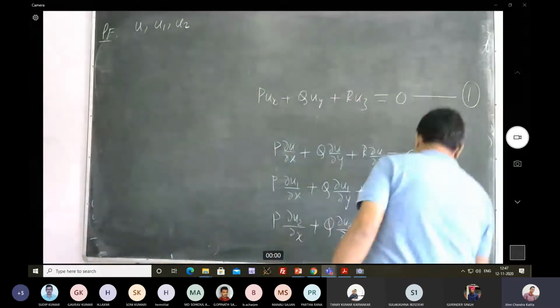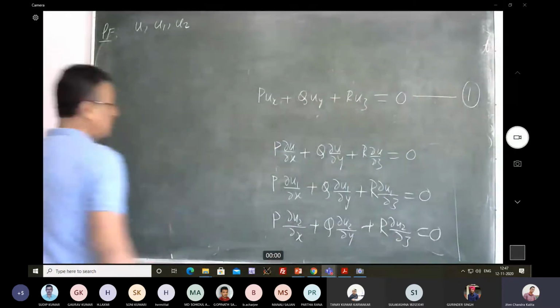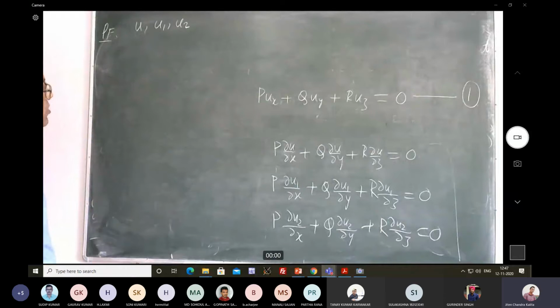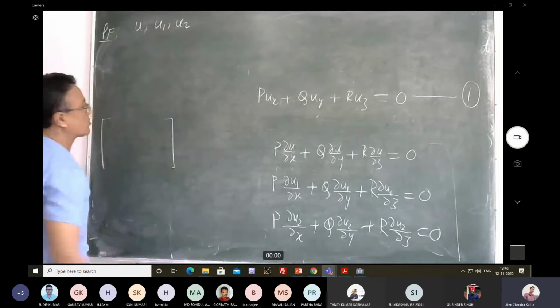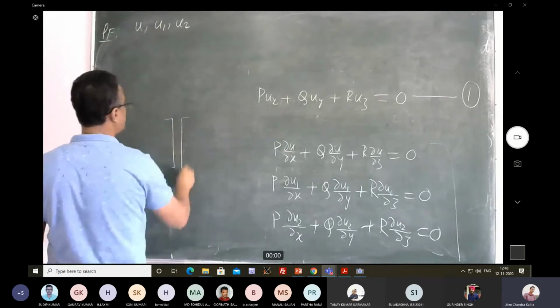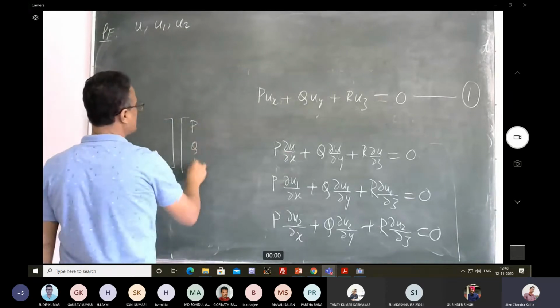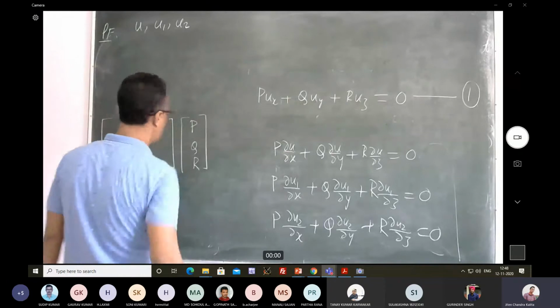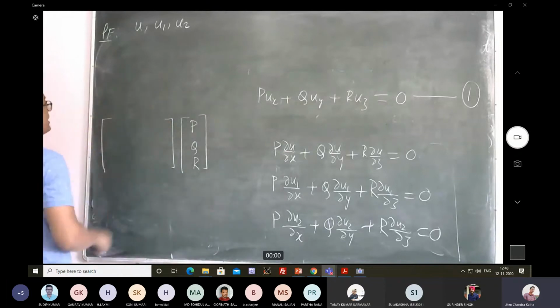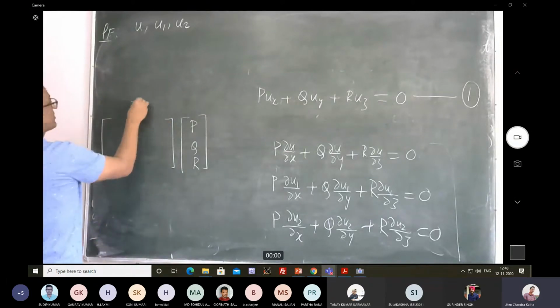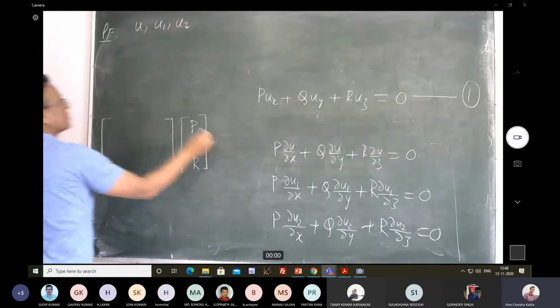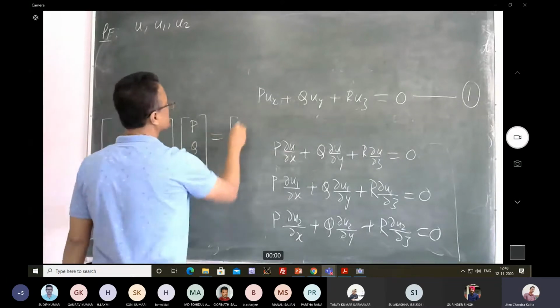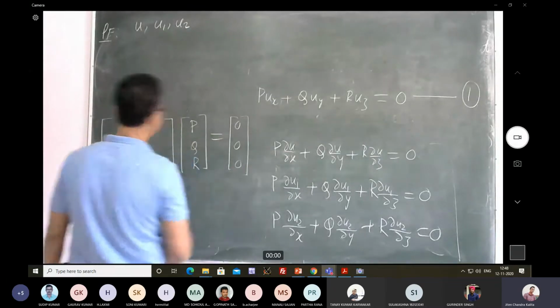Okay, fine. So now, what is it going to give me? Say, if I want to solve this one in terms of P, Q, R. So then this matrix is equal to 0, 0, 0, right?